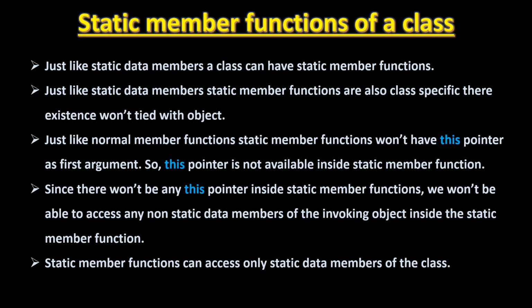For a static member function there won't be any this pointer, because the this pointer is associated with the object, not with the class. In the same way, non-static members are also associated with the object, not with the class, whereas static members' existence is tied with the class. That's the reason the this pointer won't be available for static member functions.